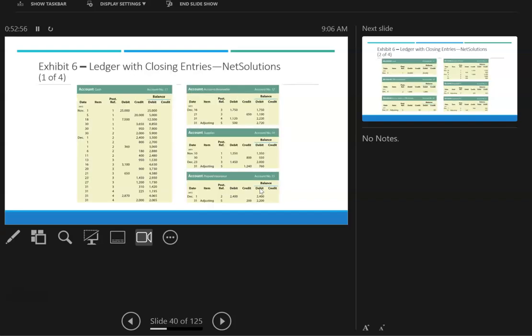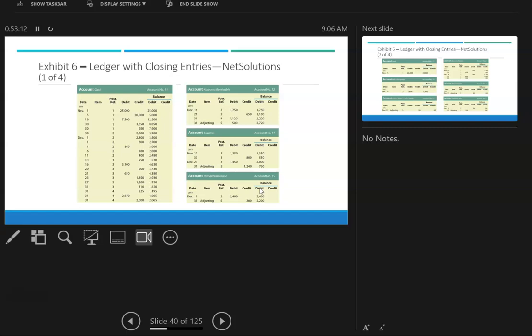Here you see the closing entries. They show our permanent accounts don't close out.